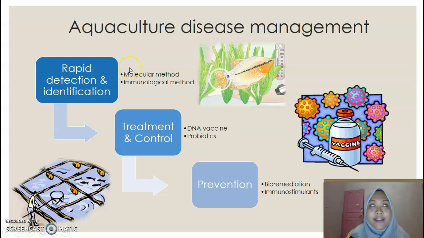The biotechnology that has been applied in this step is molecular method and immunological method. The next one is treatment and control. We can use DNA vaccine and probiotics. The last one is prevention by bioremediation and immunostimulant.